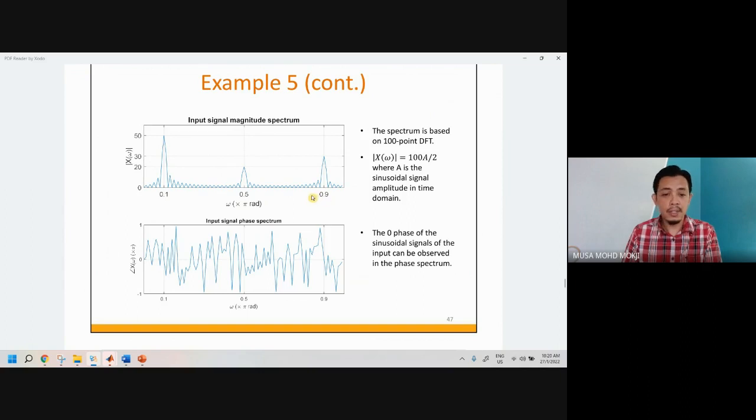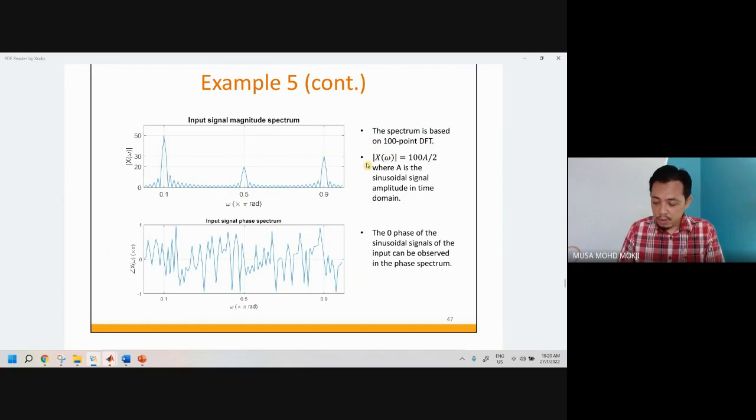We are trying to remove the second and the third. The 0.9 pi is the higher frequency and 0.1 pi is the lower one. To remove the higher frequencies, we need a low pass filter. Because this is an IIR filter design, we need to design a low pass IIR filter, specifically a Butterworth filter in this case.